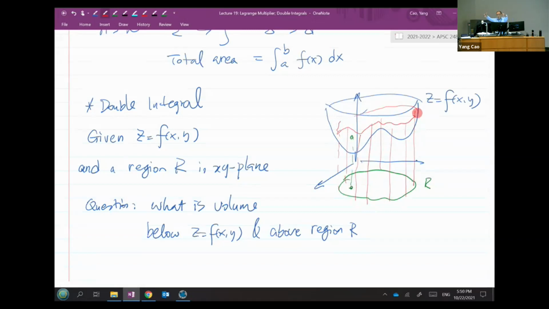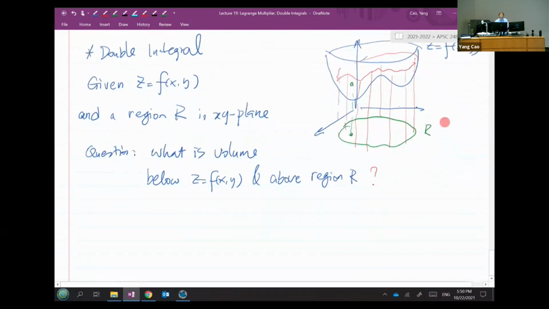You put it right on top and then try to measure the volume. So basically, what is the volume between the region R and the top surface? Essentially, we can use a similar approach to get a double integral that gives us this volume. Let's look at that in the next lecture, how this double integral formula is properly derived.